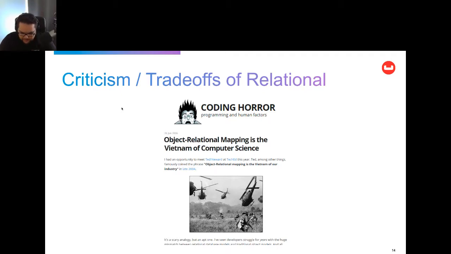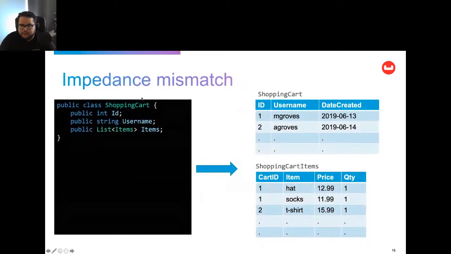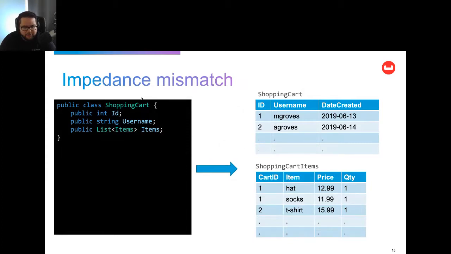So in at least the last 15 years, there has been growing criticism around relational and SQL. One of the most important, which most developers fail to realize, is something called impedance mismatch.